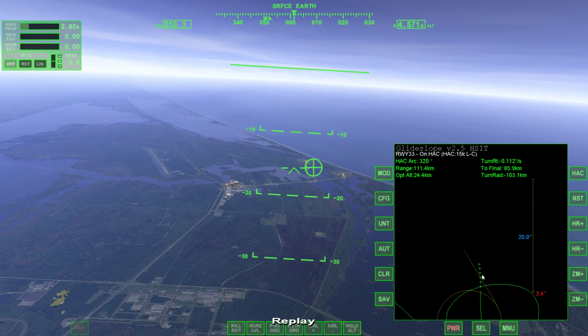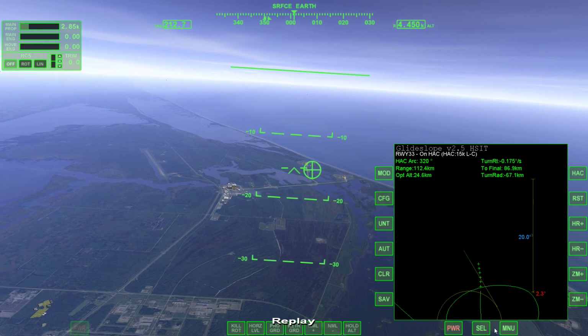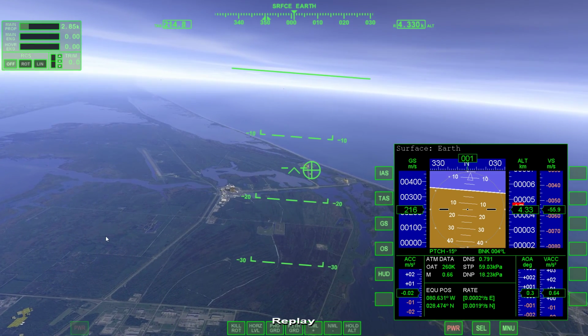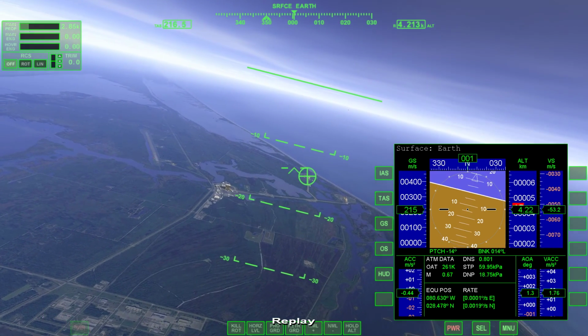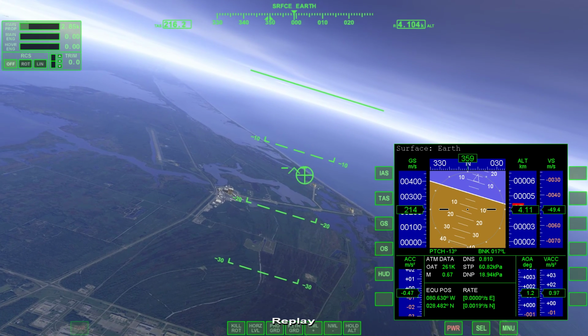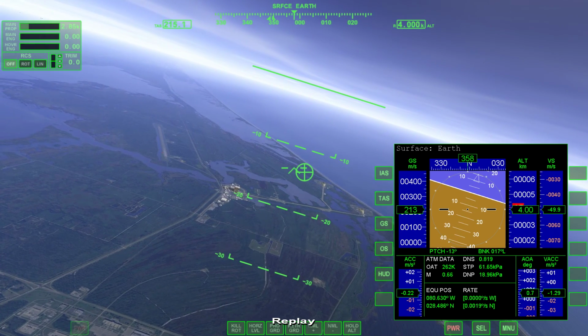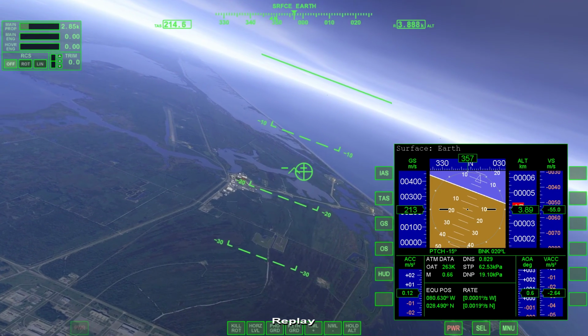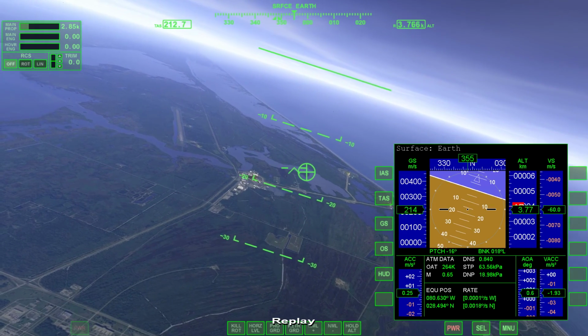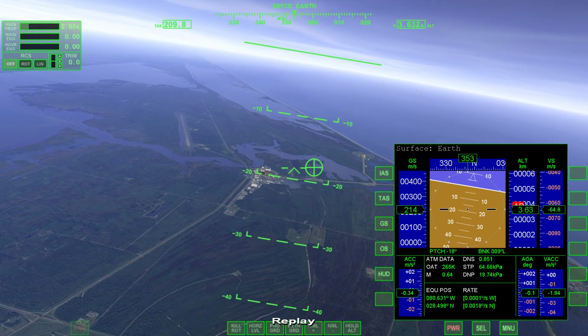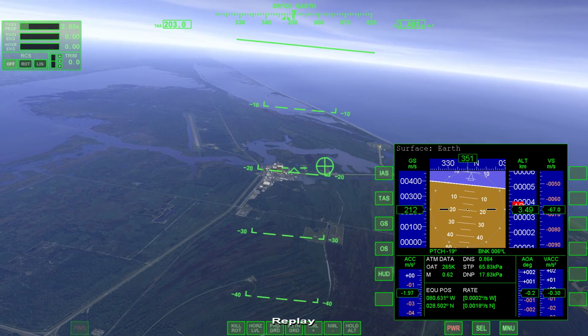We really don't need this anymore. We should be focusing on the runway at this point, so I'll bring up the surface MFD for the remainder of the flight. At this point, if we need to control our airspeed, we can always extend the air brakes. And there they go. Press B on the keyboard to do that.